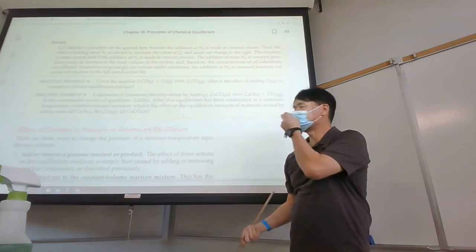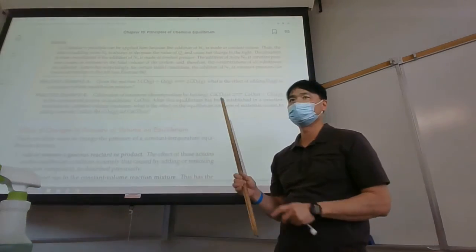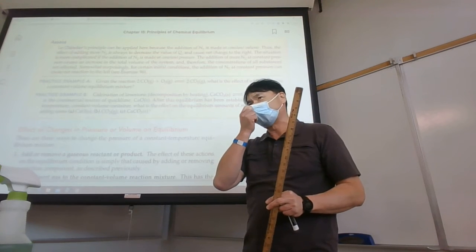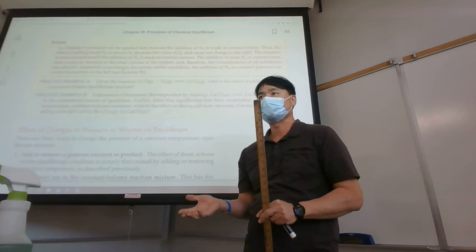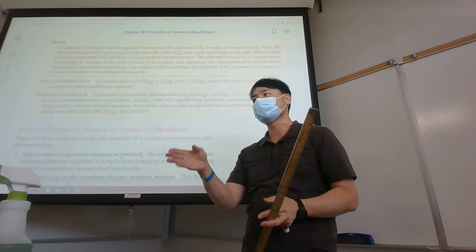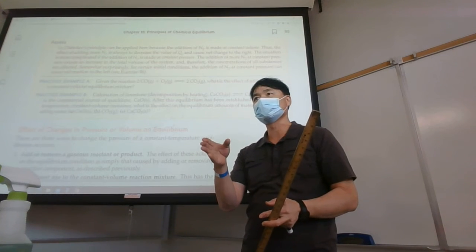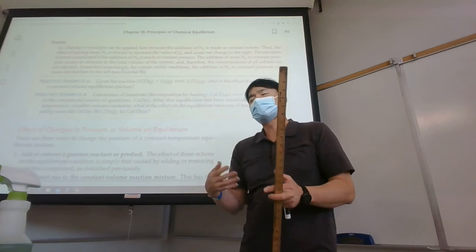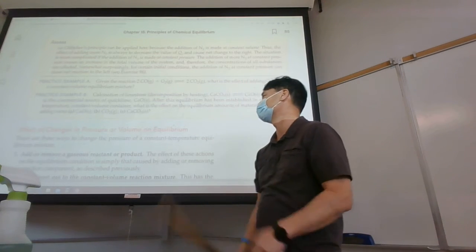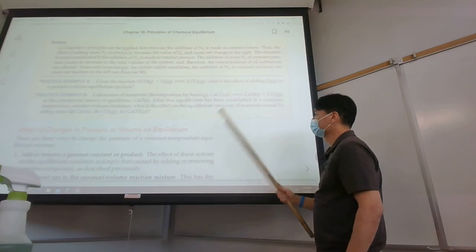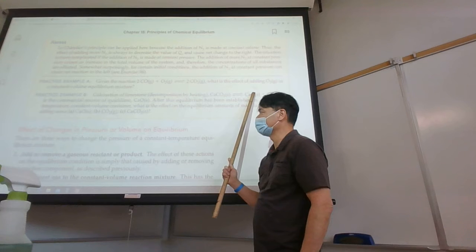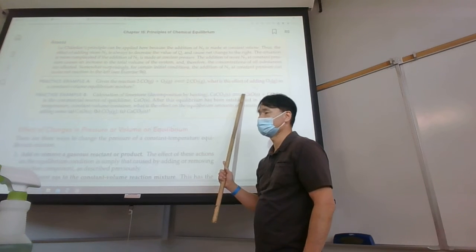Does having more calcium oxide change the reactivity? No, it doesn't. It's like milk, or 6 molar HCl. If you have, let's say, 100 and 101 milliliters of 6 molar HCl, is 101 milliliters 1% more reactive? No, it's just extra. You have a little extra, but it's the same reactivity. So it doesn't change the concentration. It's still 100% calcium oxide, and so that's not going to shift it.